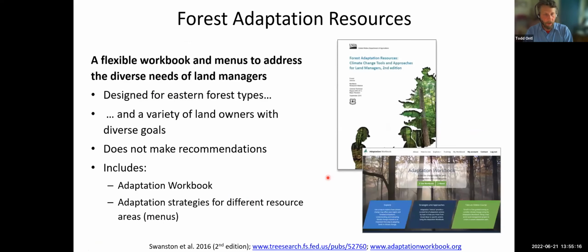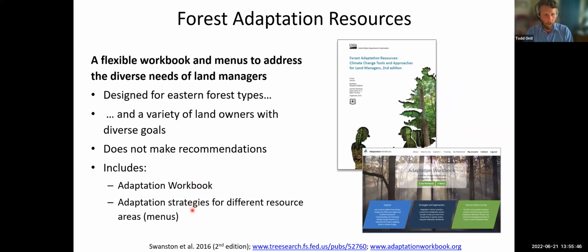And so this comes from our work with forest managers in forest adaptation, building off of our forest adaptation resources, which was published in 2016. And importantly, there are two components to this: the adaptation workbook, which is a process to help managers consider climate change impacts and their goals and objectives for their management.